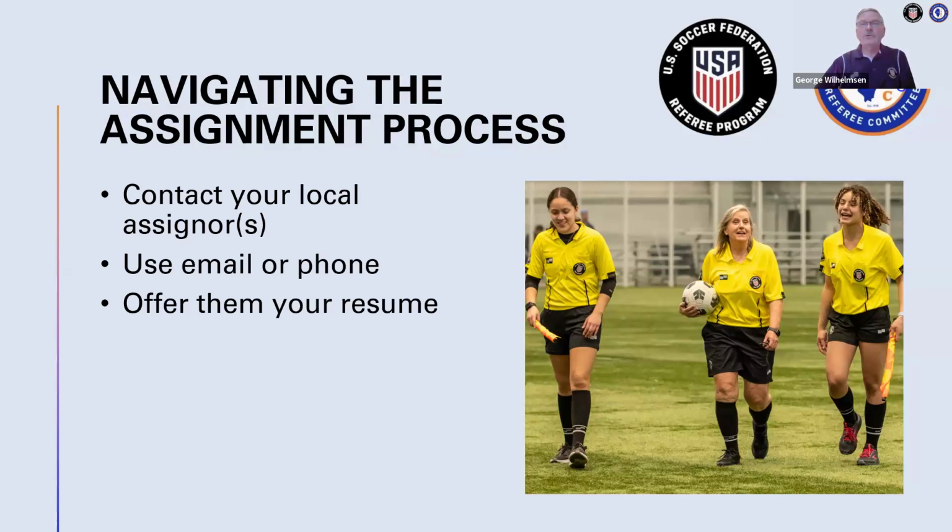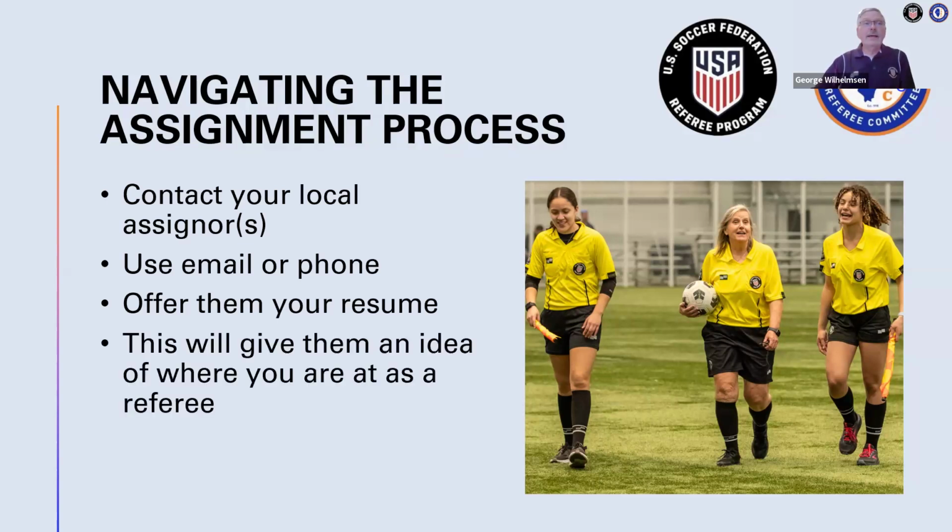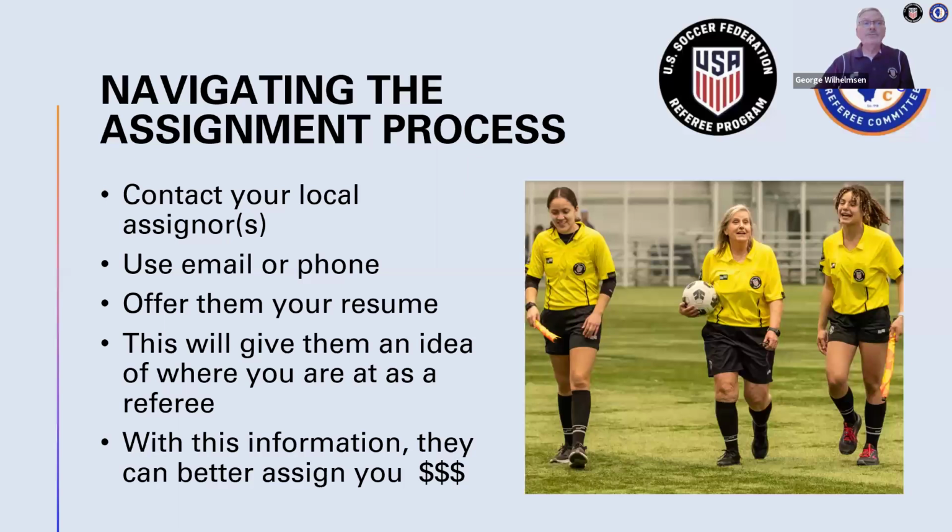Offer them your resume. Most of the time, they're going to say, I'd love to see your resume. Please send it to me, because it will help them understand where to put you and what games you're comfortable with. Which is what I just said. With this information, they can better assign you, and you can make more money.